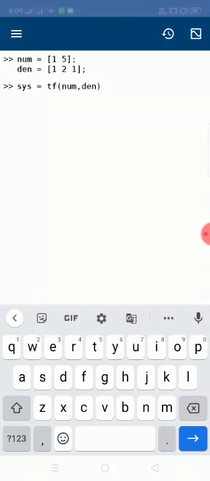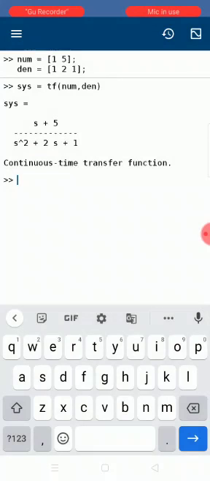Sys is used for the system. You can use x, y, z, any variable instead of sys. TF is the command used to calculate the transfer function in MATLAB, and within the parenthesis the numerator polynomial and denominator polynomial coefficients are used.